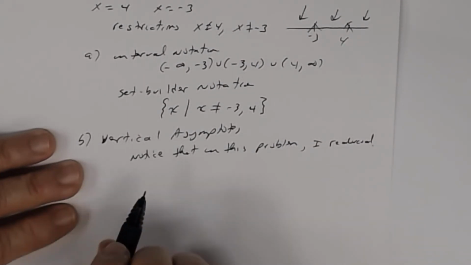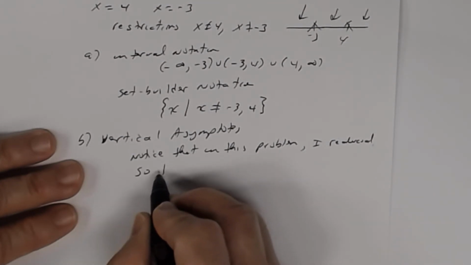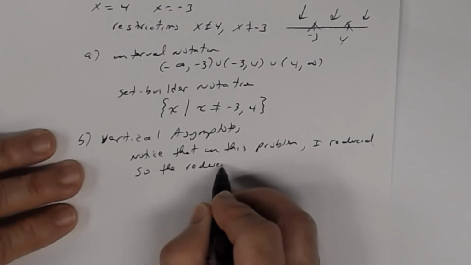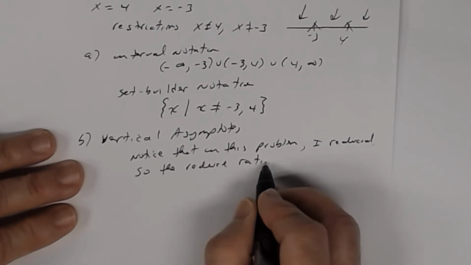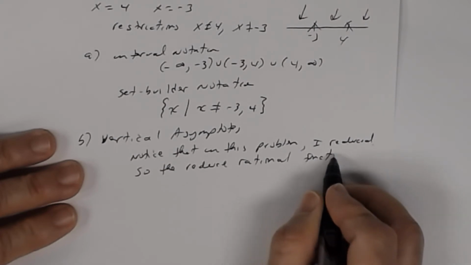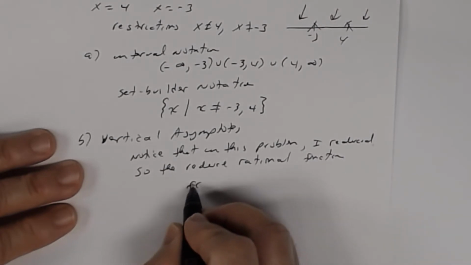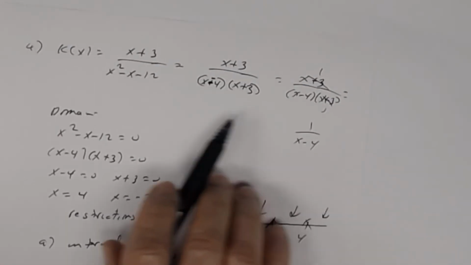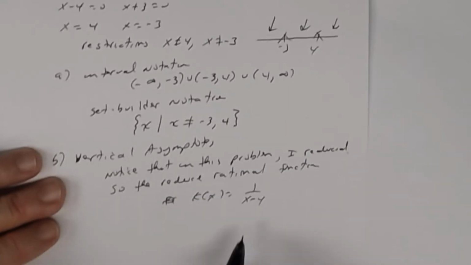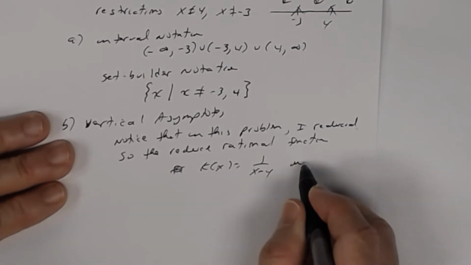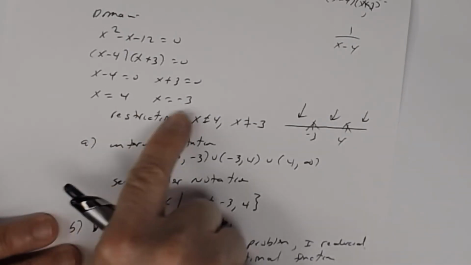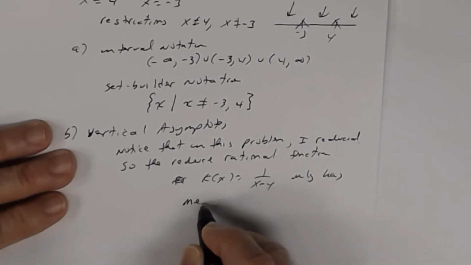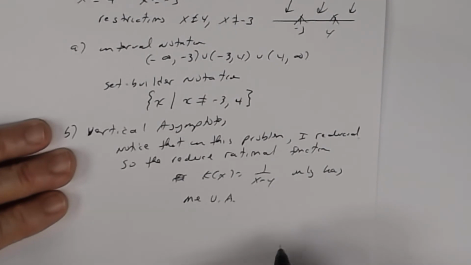So the reduced rational function, I'm going to write it like this: k of x equal 1 divided by x minus 4. So this right here reduces to this. So the reduced rational function only has one vertical asymptote and not two. Only has one vertical, I'm going to put it as VA, vertical asymptote.